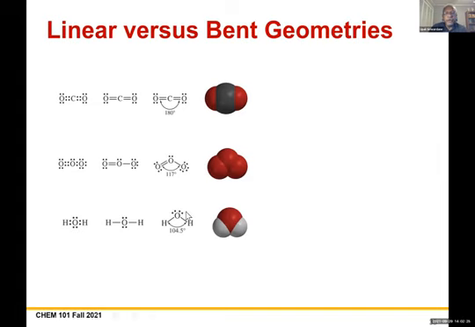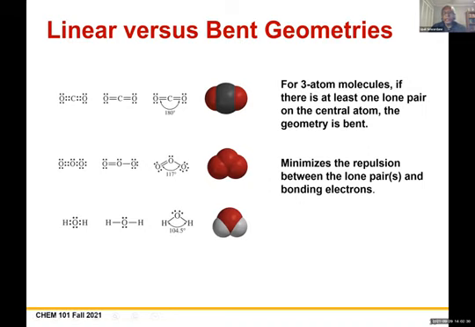Therefore, bond angles can be predicted in bent molecules. For three-atom molecules, if there is at least one lone pair, the central atom geometry is bent. This minimizes the repulsion between the lone pair and bonding electron pairs.